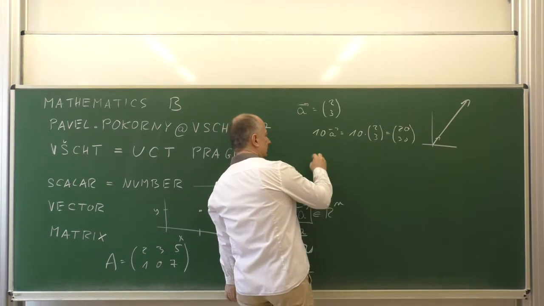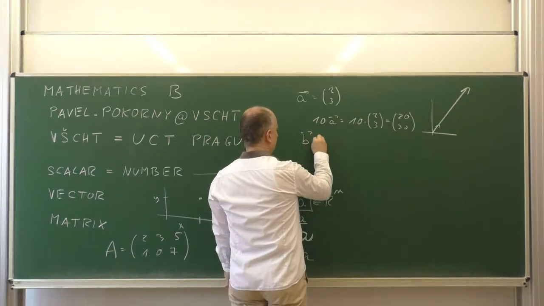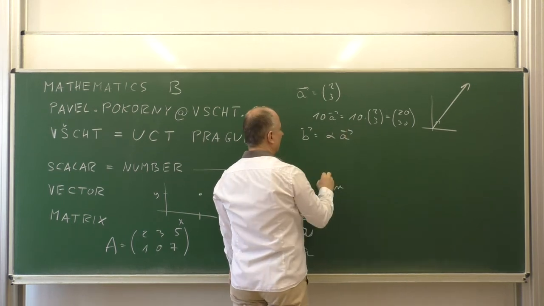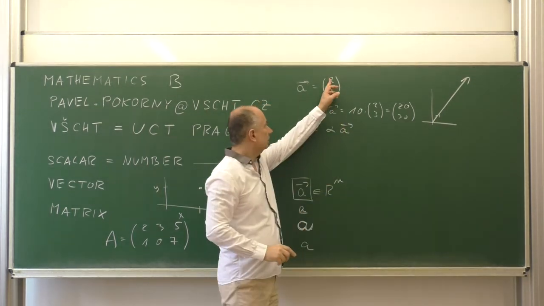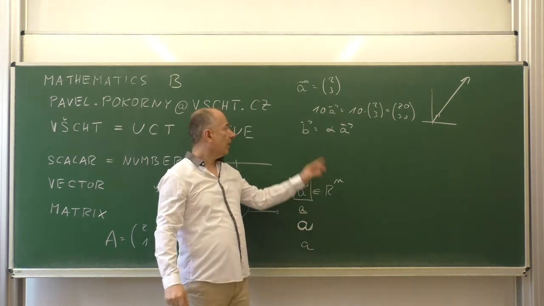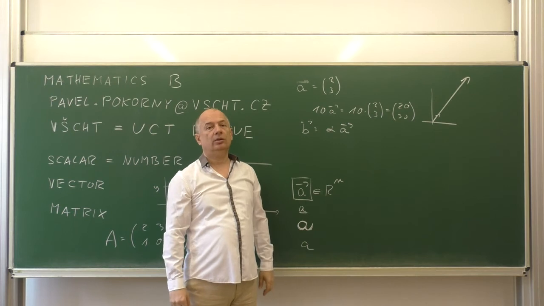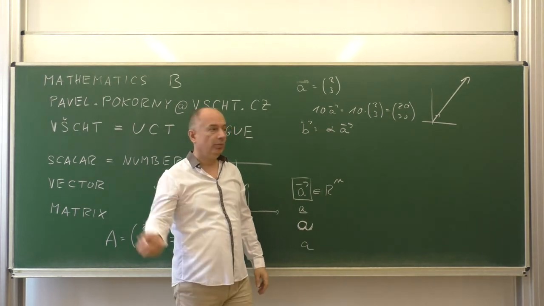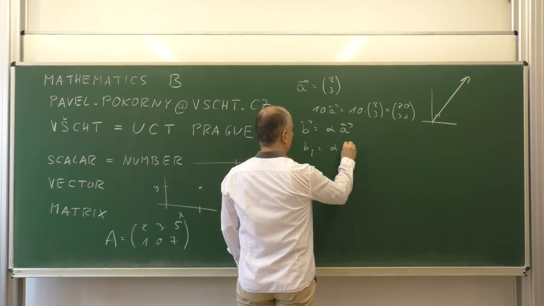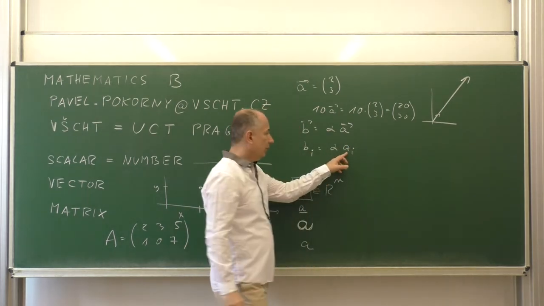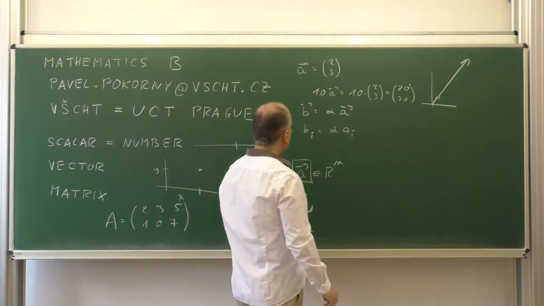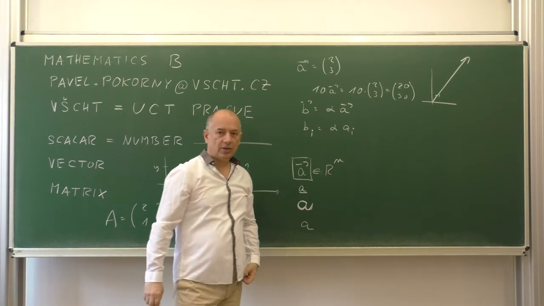In general, if we have the vector b, which is alpha times a, then if we denote the components of a as a1, a2, a3, and so on, and the components of b as b1, b2, b3, and so on, this means that bi is alpha times ai. Each component is multiplied by this number, by the scalar. So this is multiplication by a scalar.